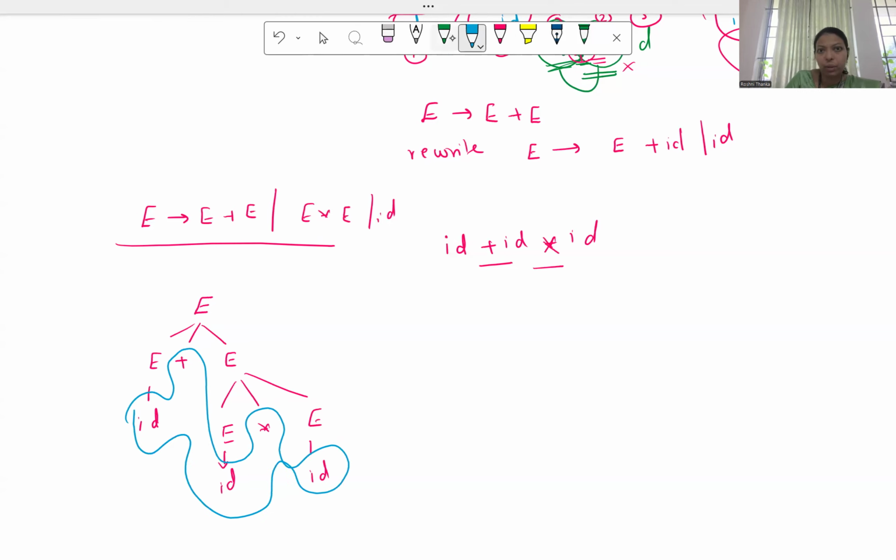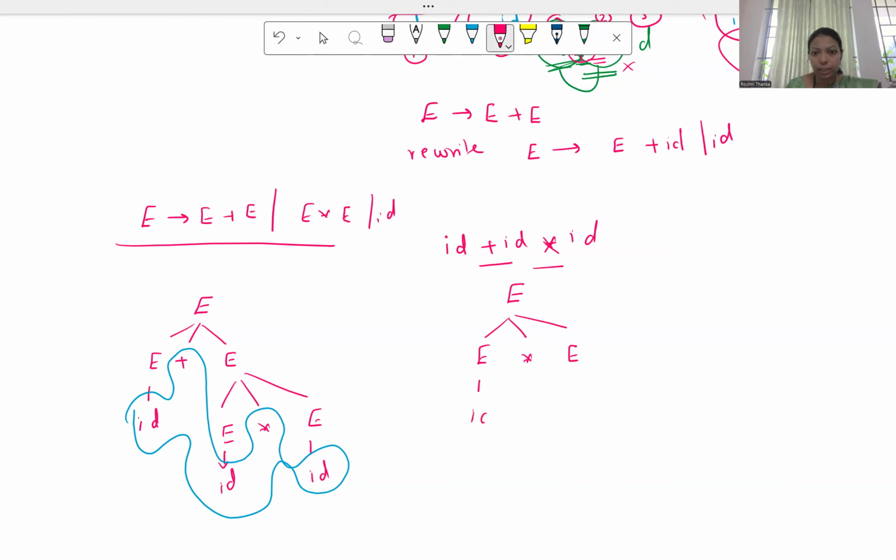Same thing I'm going to achieve with another parse tree as well. So here when I start, I'm going to start with the start symbol E. It's top-down parsing, so it starts from the root. This time, I'm going to take the second production first.